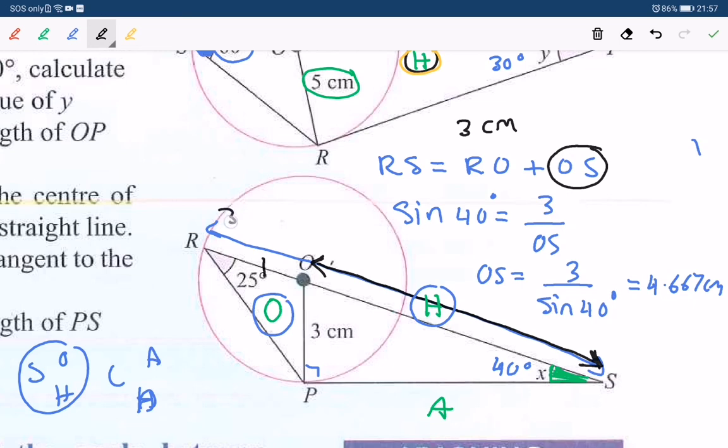Now we have this one is 3 cm, and here is 4.667 cm. RS is equal to RO plus OS.